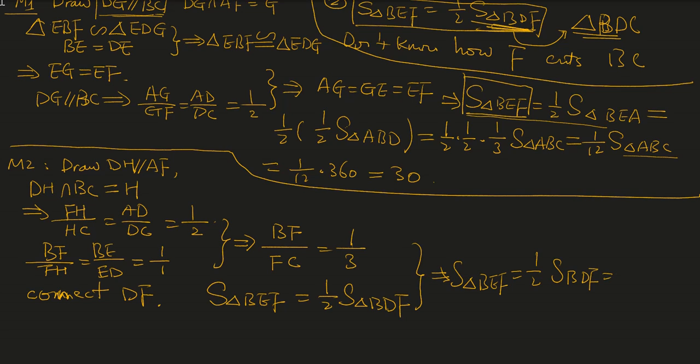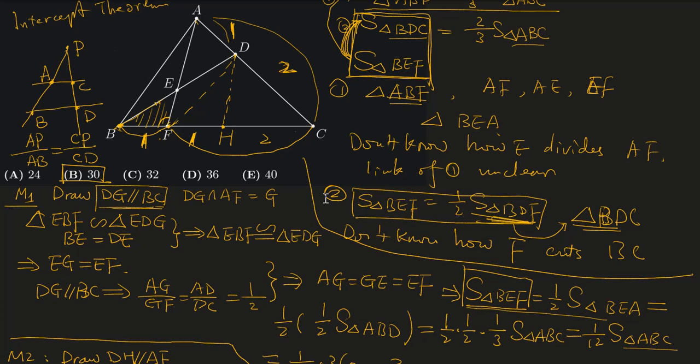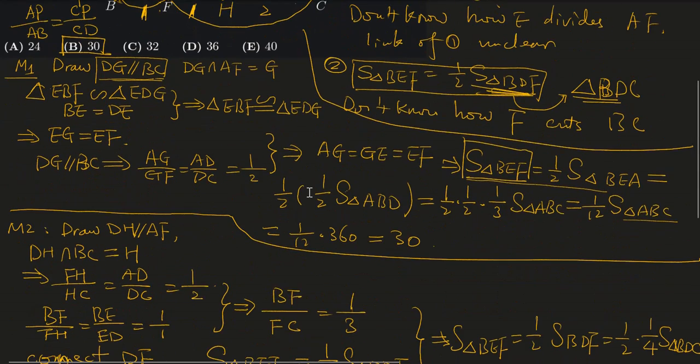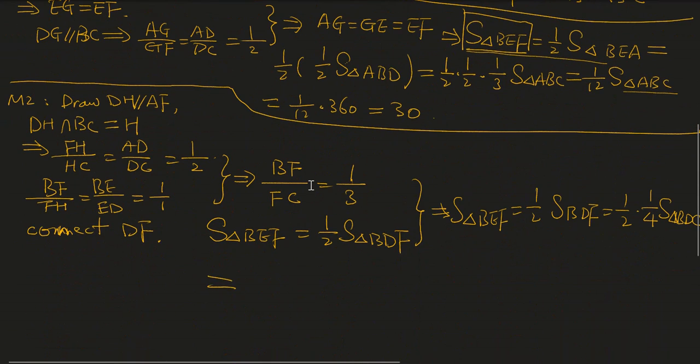And that equals a half of 1/4 of triangle BDC. That is because the line segments BF and BD are in ratio 1 to 4, and they are sharing the same height from point D to line BC. Therefore, this equals 1/2 of 2/3 of the area of triangle ABC.